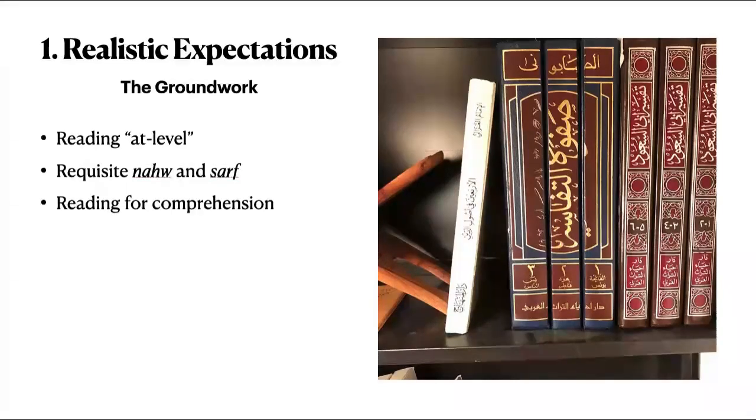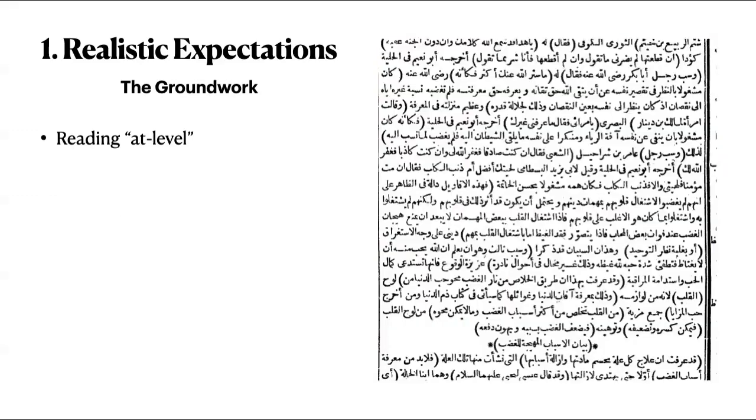So for example, you want to read a commentary on Ihya Ulumuddin, Ghazali's Ihya Ulumuddin. You're not going to be able to read something like this if you have not done and practiced on other unvocalized text, right? This is Zabidi's commentary on the Ihya.